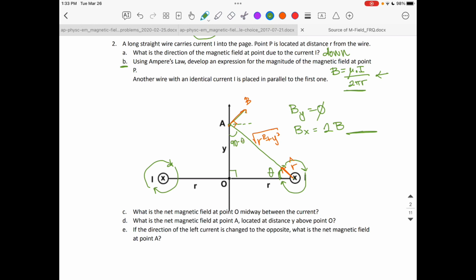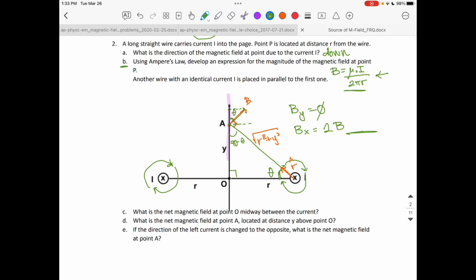I've also got 90 degrees here and a straight line of 180 degrees right here. Therefore, we can see that in order for this straight line to be 180 and this being 90, we would want this to be theta. So I'm going to take the x component using theta of the magnetic field up here at the top.